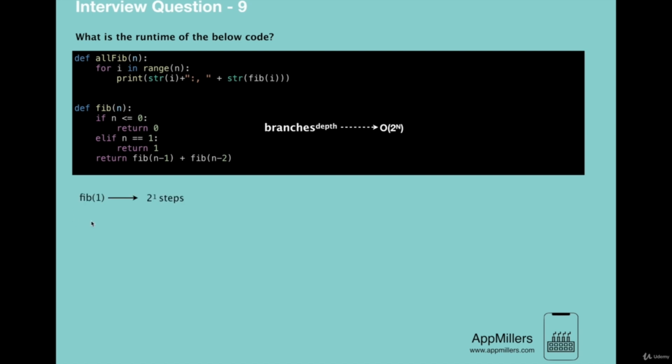In the first run, when n equals 1, our method will go 1^2 steps. In the second run, our method will go 2^2 steps. In the third one, it will be 3^2 steps. Then it will continue like this until we reach n. In the nth run, it will go n^2 steps.